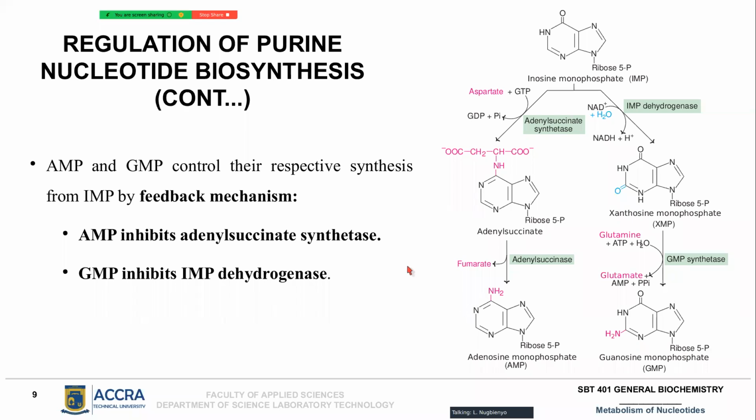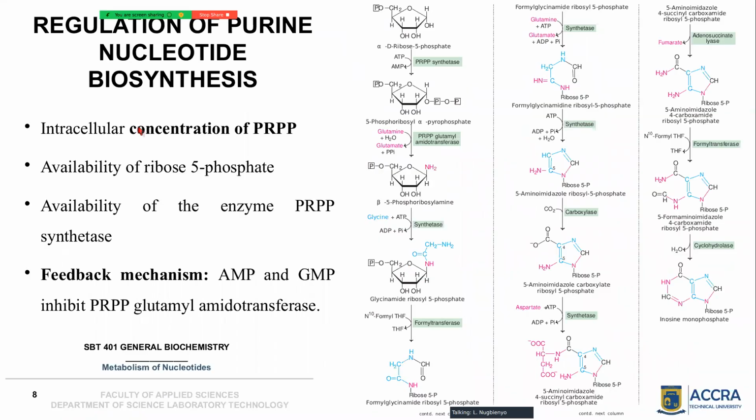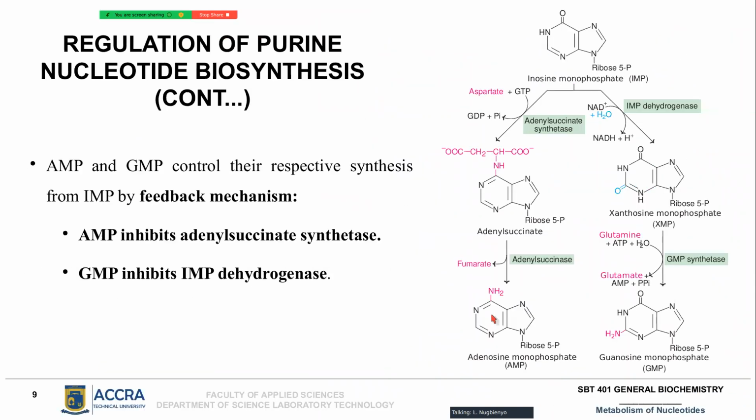As we saw right from here, adenosine monophosphate and guanosine monophosphate will be inhibiting this enzyme. And we see that with inosine monophosphate, when the reaction continues to the last end, you see the final products being adenosine monophosphate and guanosine monophosphate. These are the final products.